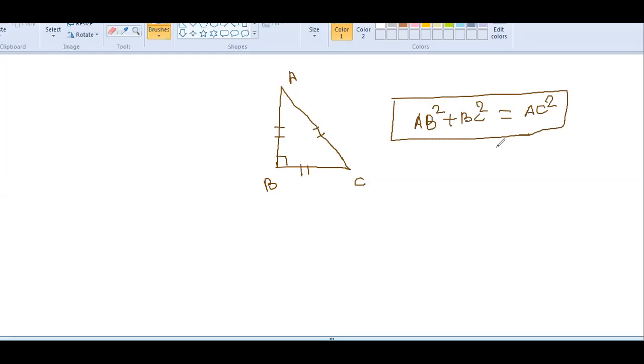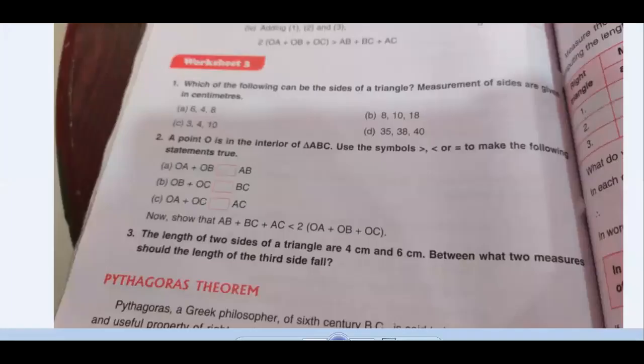So Pythagoras was a person who invented this? So based on that, we call it Pythagoras theorem. Just a minute.